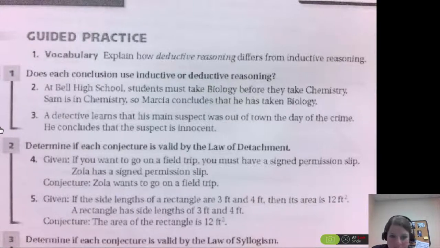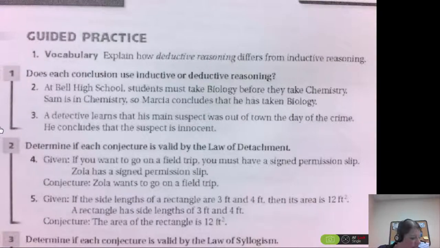At Bell High School, students must take biology before they take chemistry. Sam is in chemistry, so Marcia concludes that he has taken biology. What kind of reasoning do you think that was? Did you have a pattern, or was it facts that you then come up with a conclusion from?